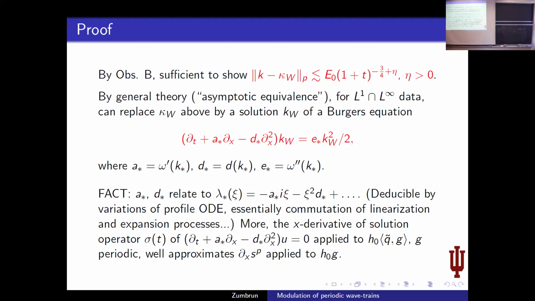So any power in the nonlinearity higher than 2, you can throw it out. And the diffusion can be fixed at a constant at the background state. So you can replace the Burgers equation by this sort of linearized version. This is just constant coefficient.